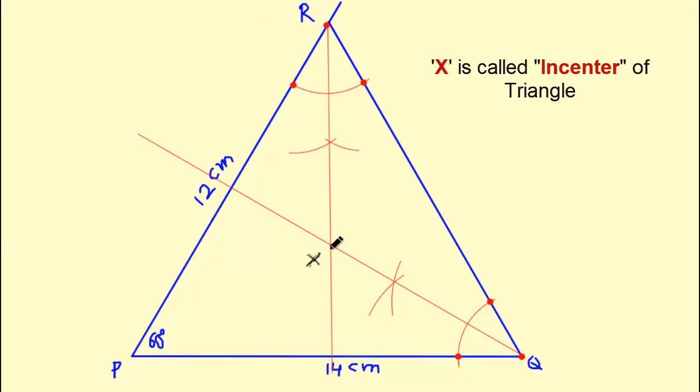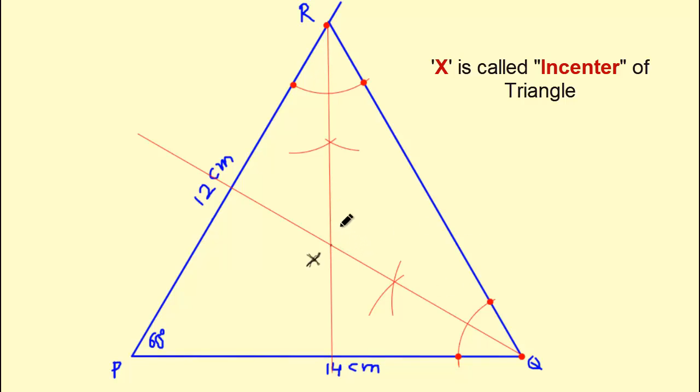Basically, this point X is a point which is equidistant from these three lines. So if any person is over here, their perpendicular distance from this line, and this line, all these three lines will be equal, will be the same.